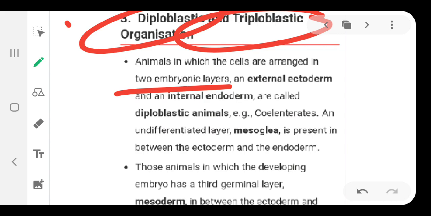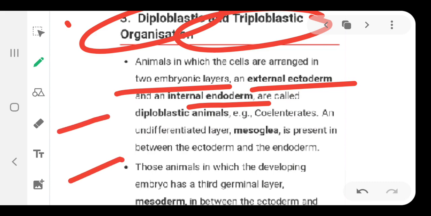Underline this: 2 embryonic layers. First is the external ectoderm and the internal endoderm. You know, there are layers of cells that make up the whole tissue organization. One is ectoderm, the outermost layer, and the endoderm. So, when there are 2 layers, external ectoderm and internal endoderm, we call such animals diploblastic.